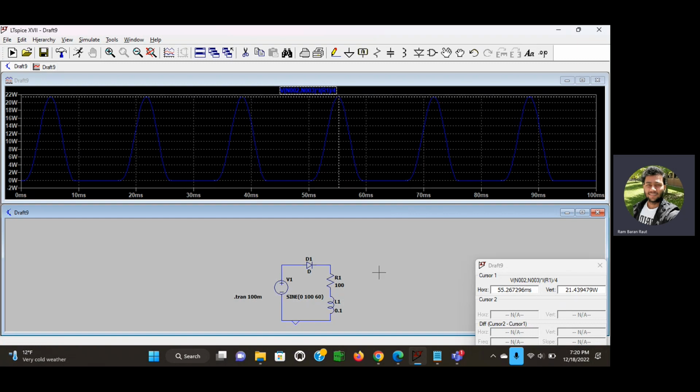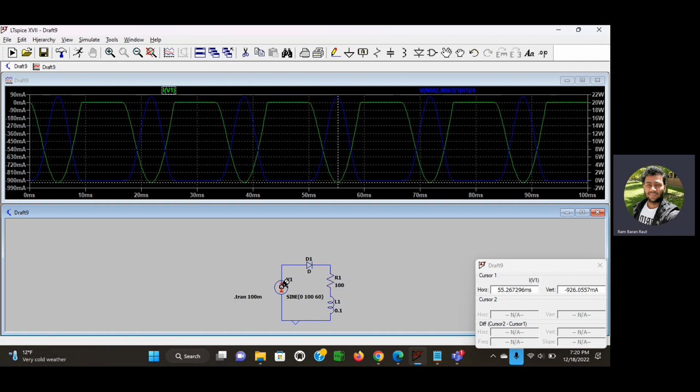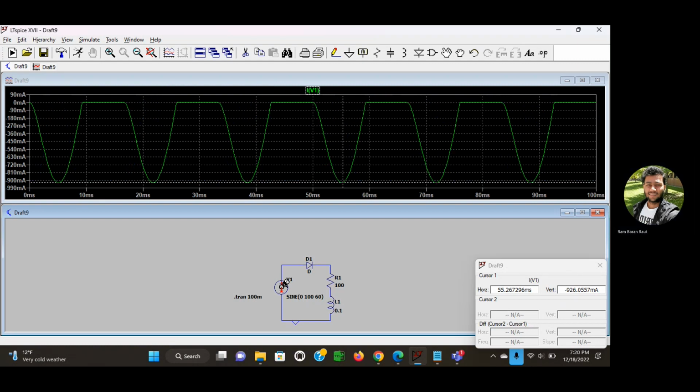Now we are going to look at the shape of each waveform due to the source, the diode, the resistor, and the inductor. First I'm going to see the waveform created by the source. This is the current.